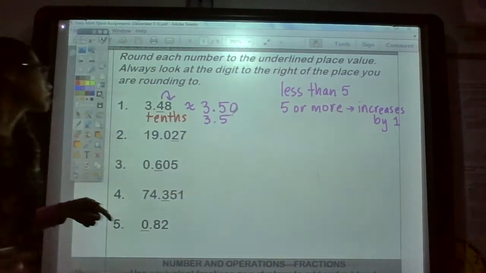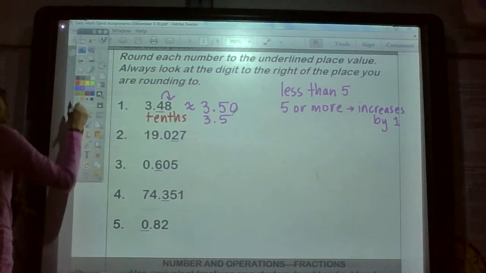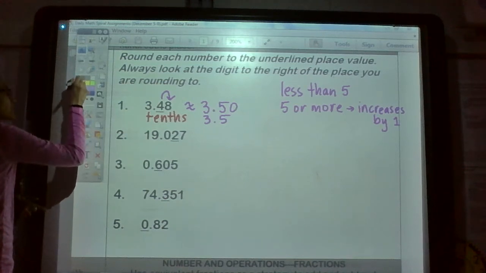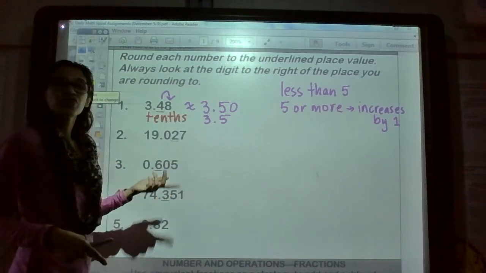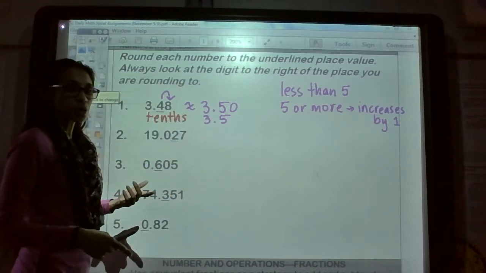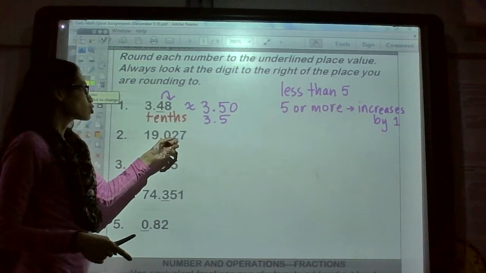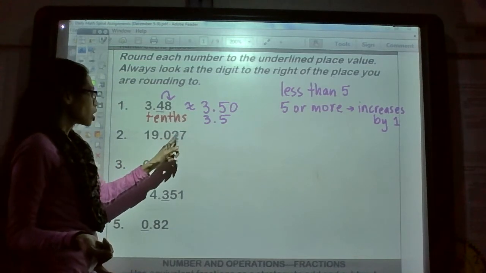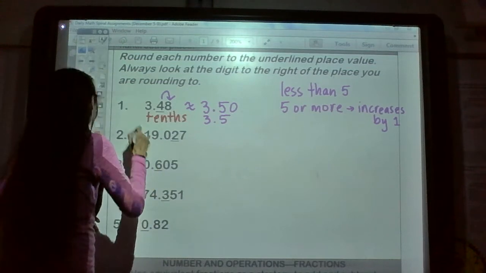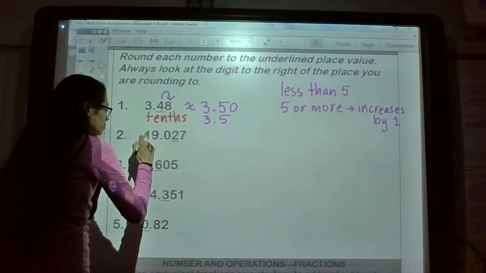Let's look at the next one. Read that number with me. It says 19 and 27 thousandths. Which digit are we rounding? That 2. And what's the place value? Hundredths. Remember, tenths, hundredths, thousandths. So I'm going to write the word hundredths right here.